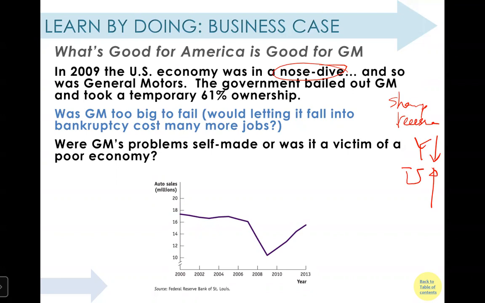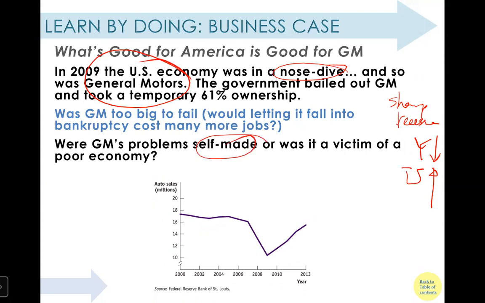Now at that point, there was a discussion. Should the government bail out GM or not? So the proponents, the advocates of the bailout of GM, believe GM's problem is not self-made.